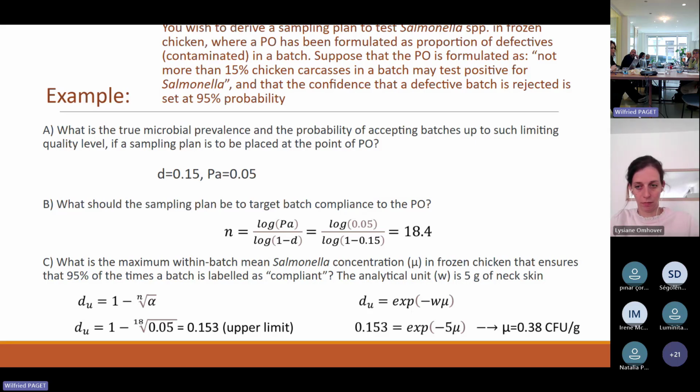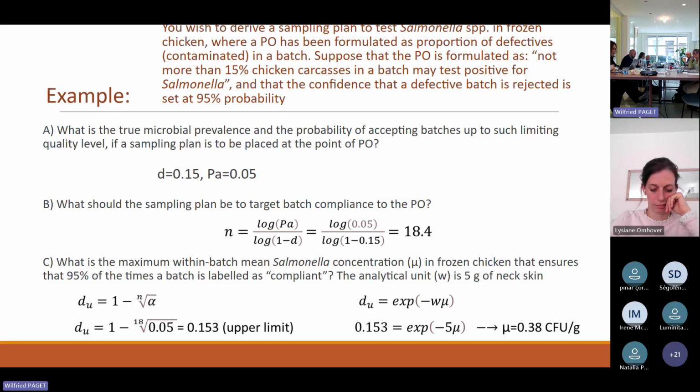then they give you the confidence. The confidence that a defective batch is rejected should be set to 95% probability. This means that the probability of acceptance is a complement, because you want to reject 95% of the time. So your beta error is 5%.